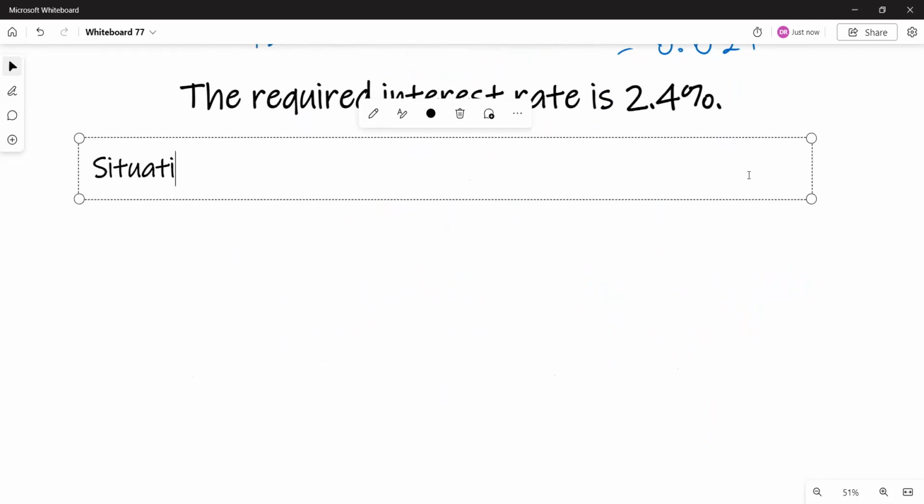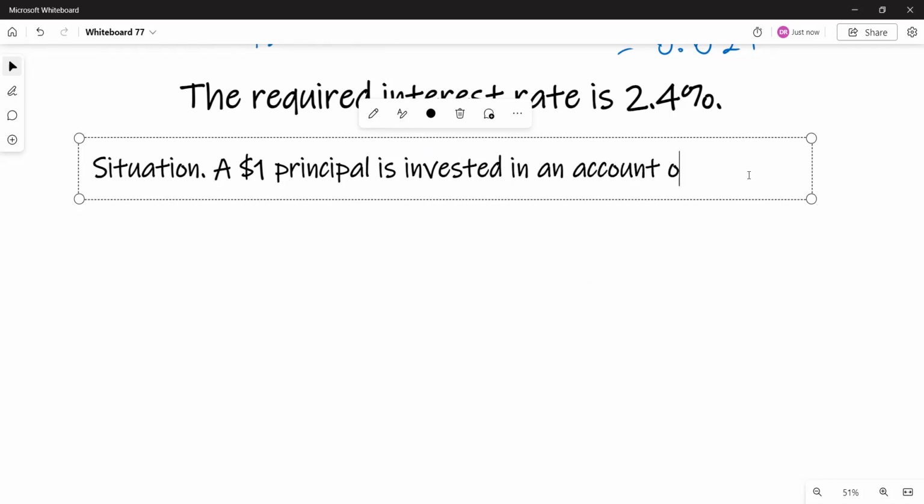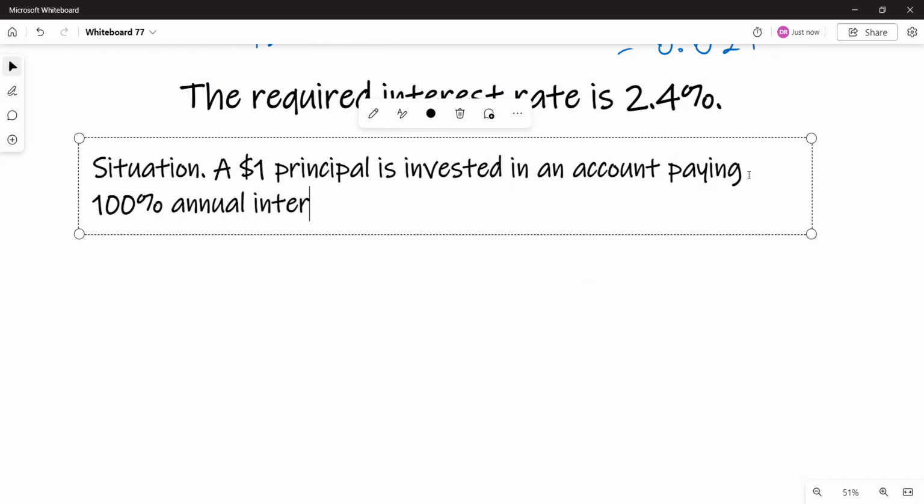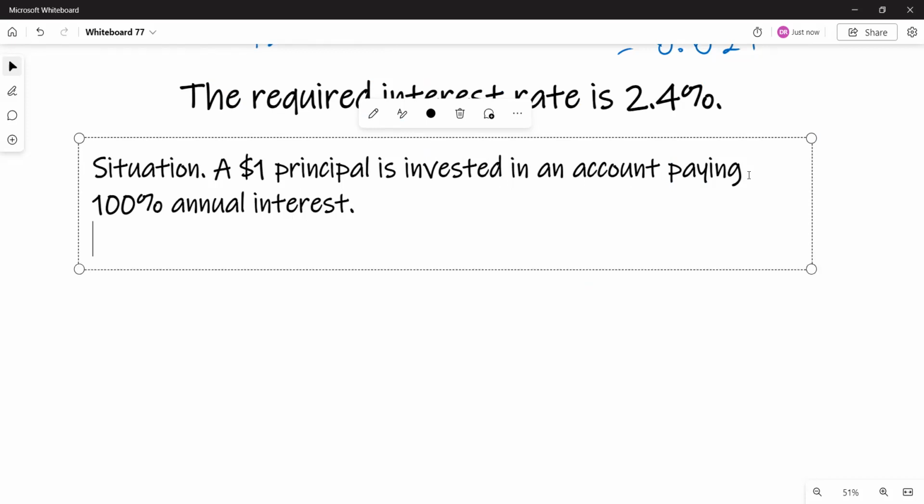The situation is that a $1 principal is deposited or invested in an account paying 100% annual interest. We are going to find the amount after 1 year.